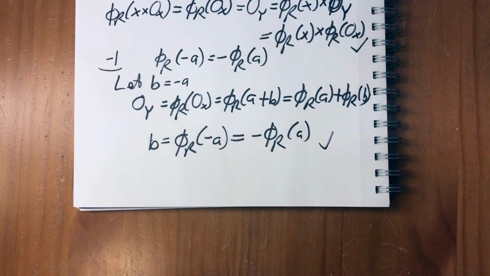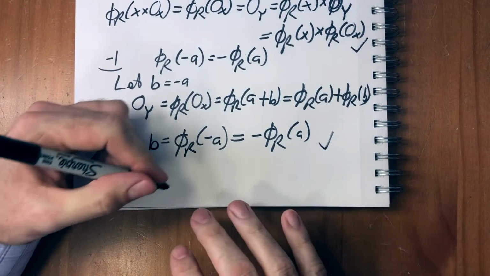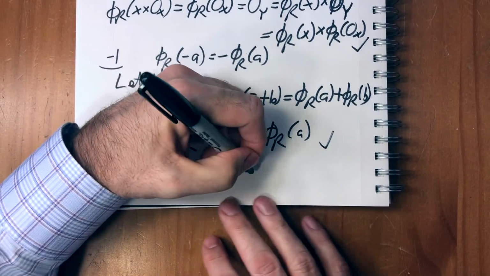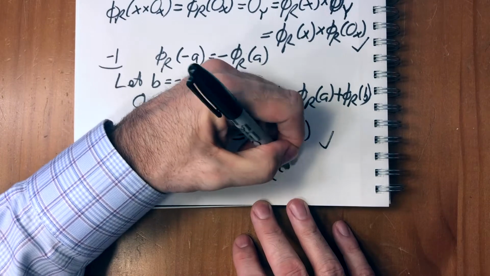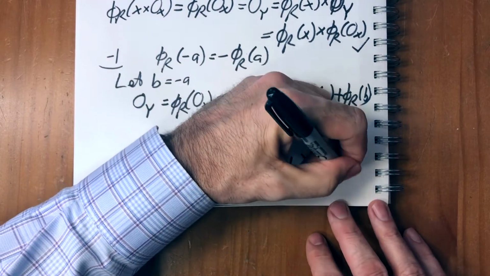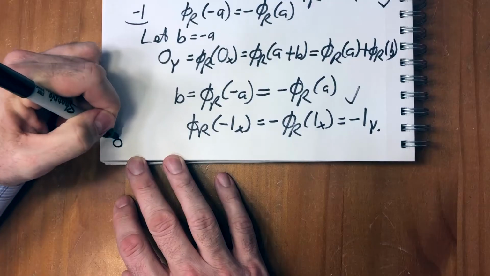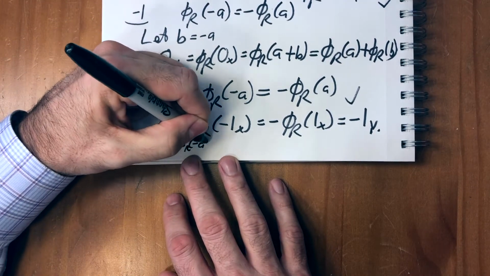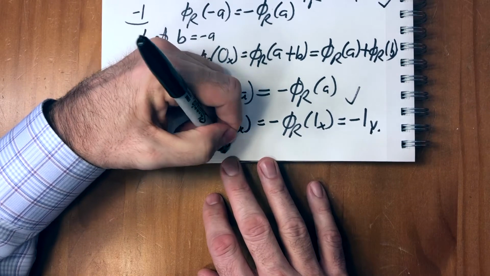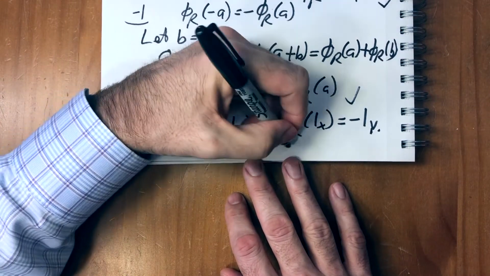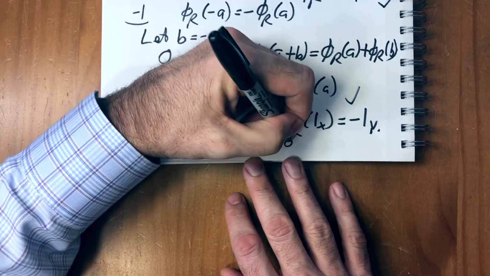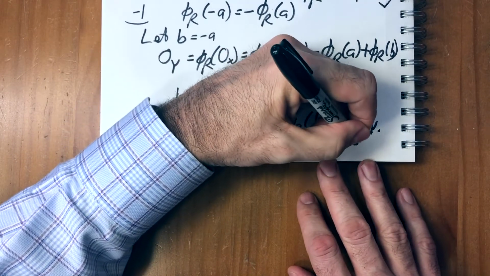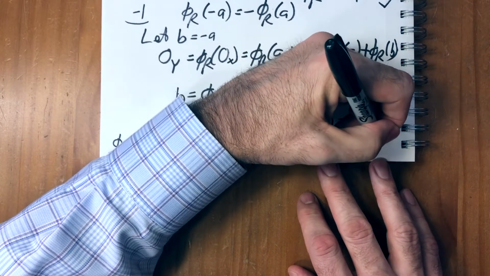Okay, so it follows then that the same is true if the number is 1. So then we have that phi r of minus 1 equals minus phi r of 1 equals minus 1 in y. Okay, so phi r of minus 1 times a equals phi r of minus a equals minus phi r of a equals minus 1 in y times phi r of a equals phi r of minus 1 in x times phi r of a.